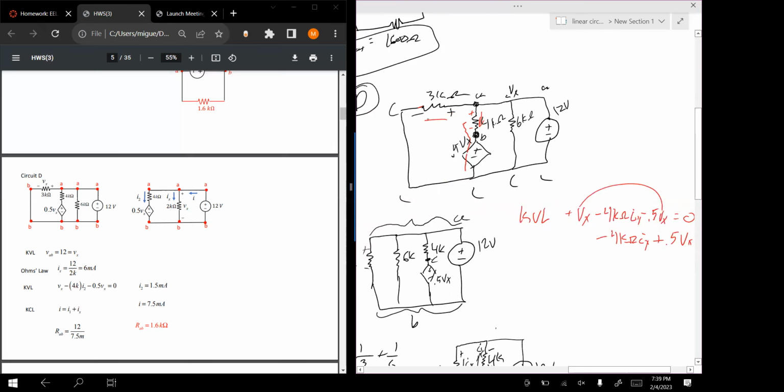Current flowing that way, current flowing down, and then current flowing in there. So this is going to be I1, this one's going to be I2. Or no, just so we can keep it all consistent, IY, and then this will be IX. So I1 is equal to IY plus IX.